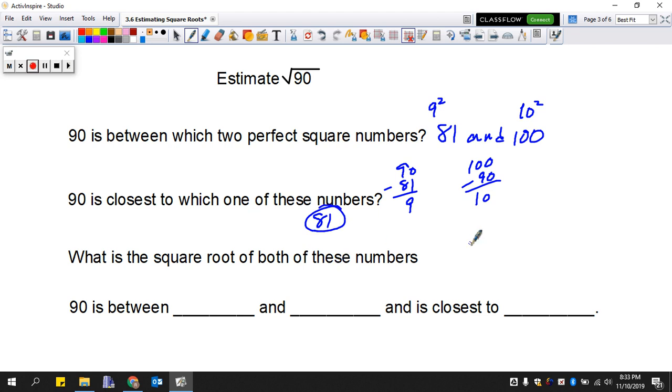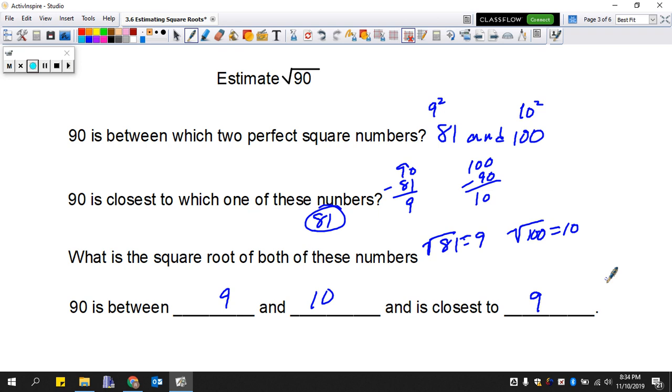And what's the square root of both of these numbers? The square root of 81 is 9, and the square root of 100 is 10. So 90 is between 9 and 10. It's closest to 9, although it's going to be really close to being right in the middle between 9 and 10.